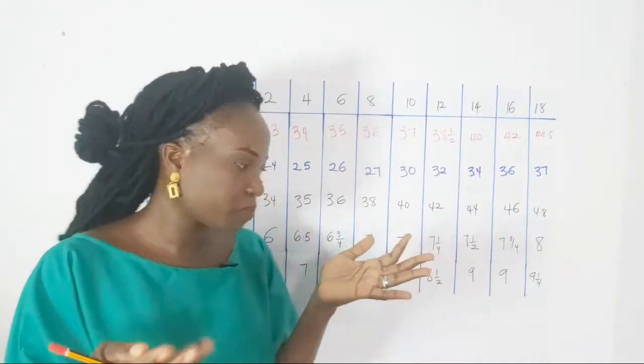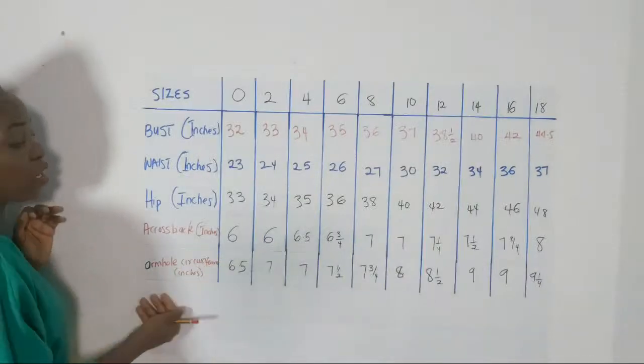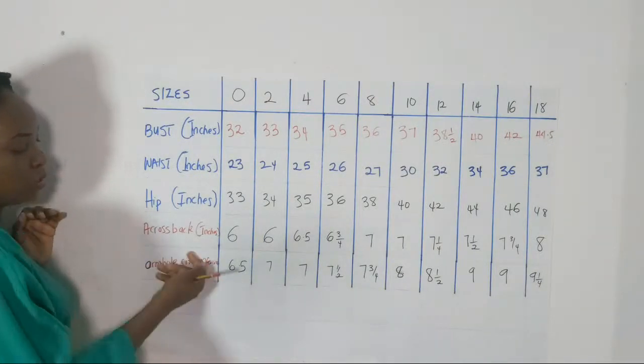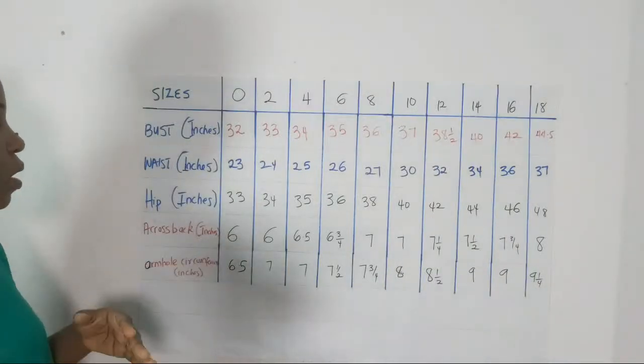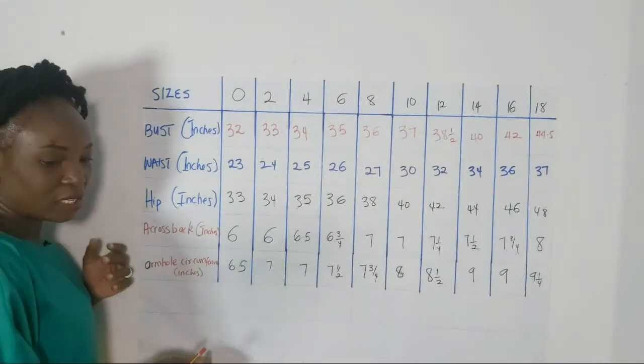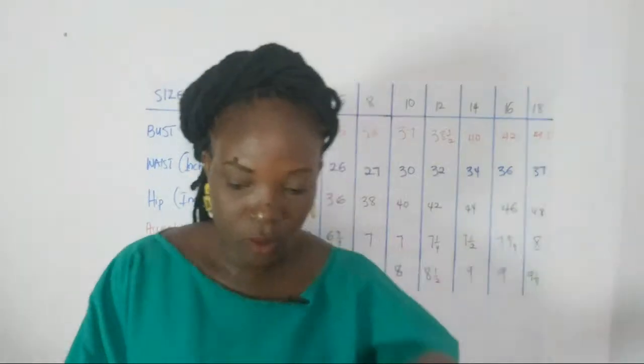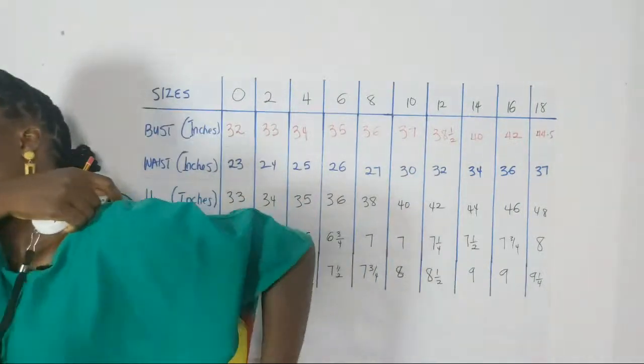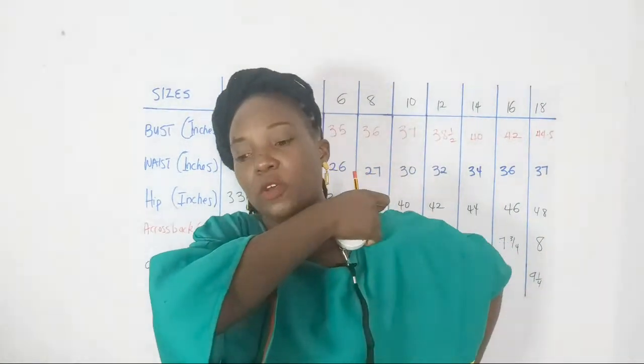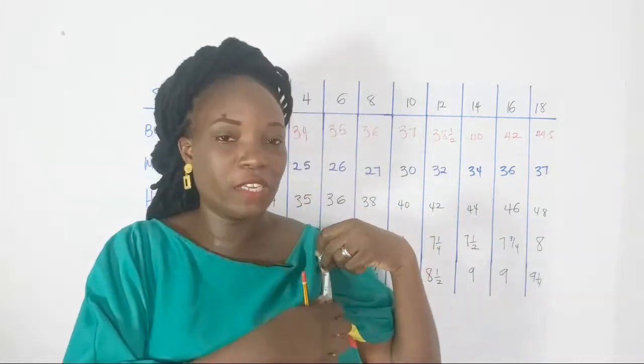That's a guide. Then armhole circumference, same thing. Armhole circumference is the distance around the armhole. This is how to measure your armhole circumference, like this.